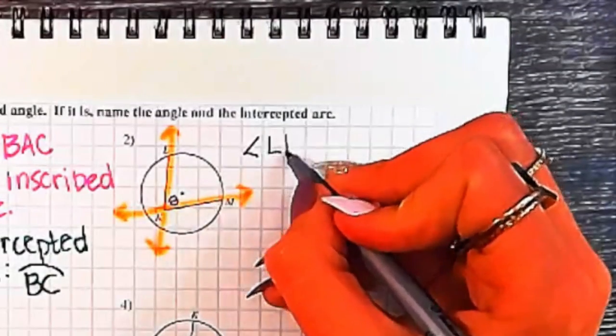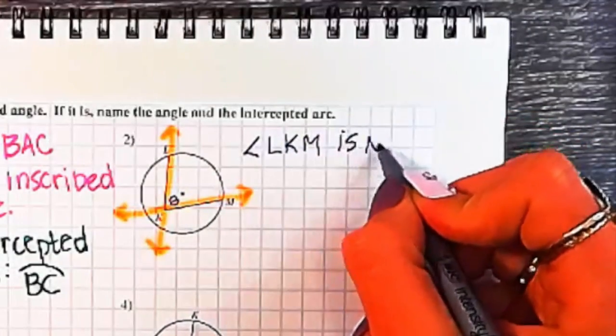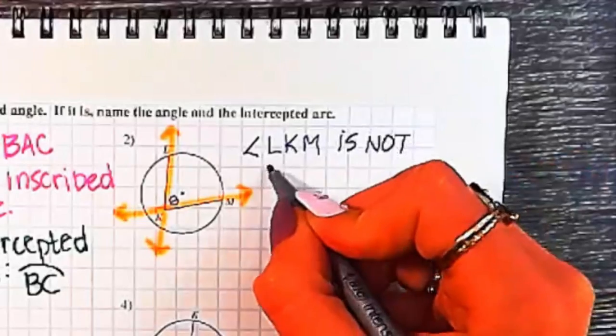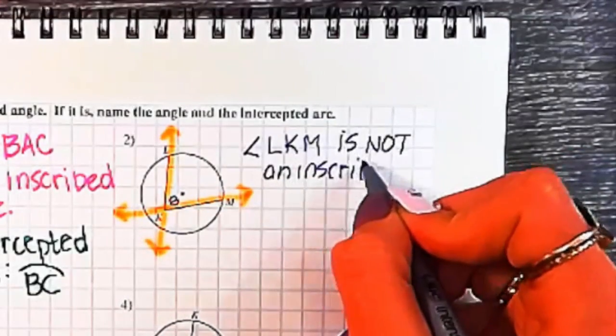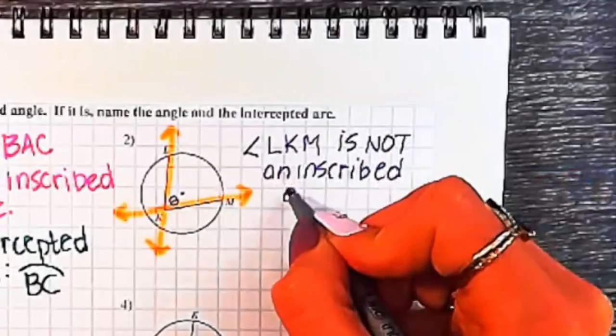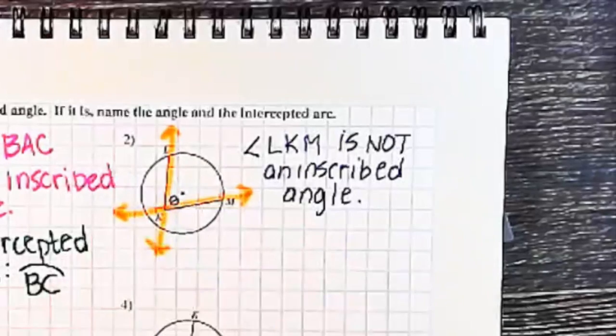Angle LKM is not an inscribed angle. And since the direction said if it is, name the angle and the intercepted arc, I already named the angle. I'm not even going to name the intercepted arc because I really don't need to.